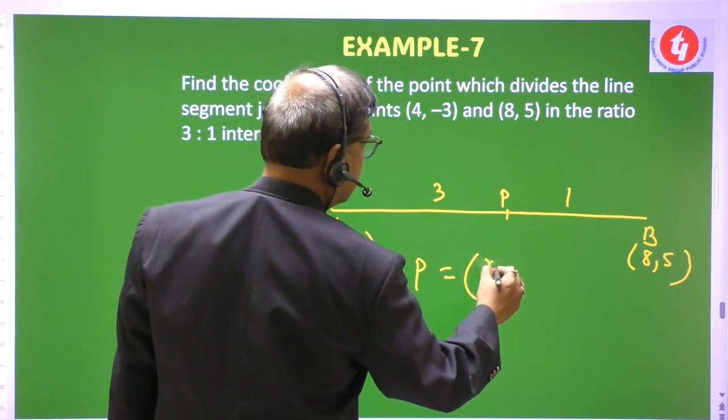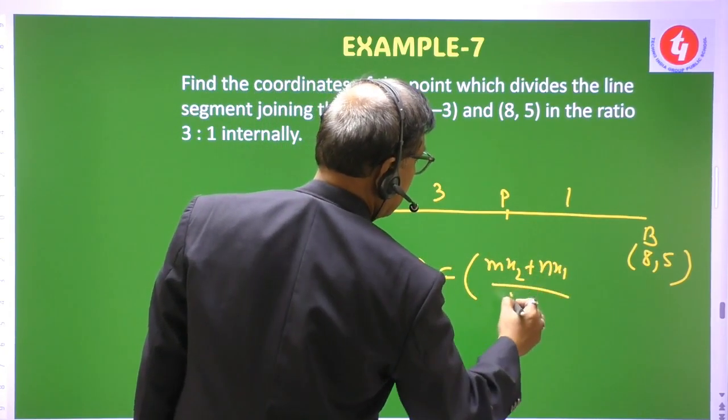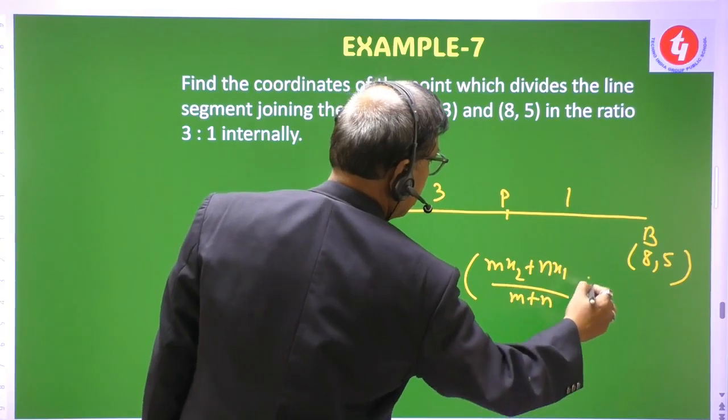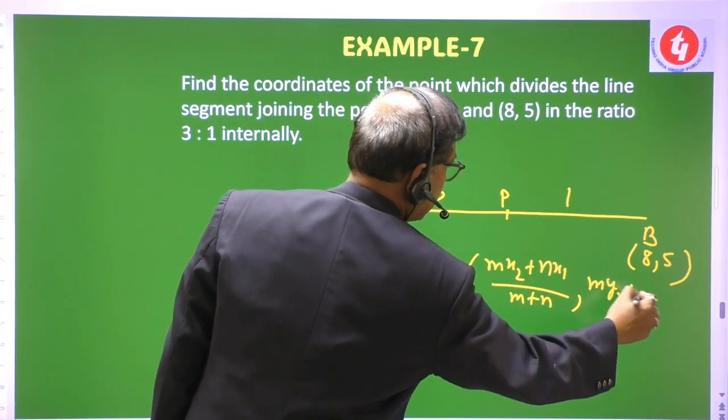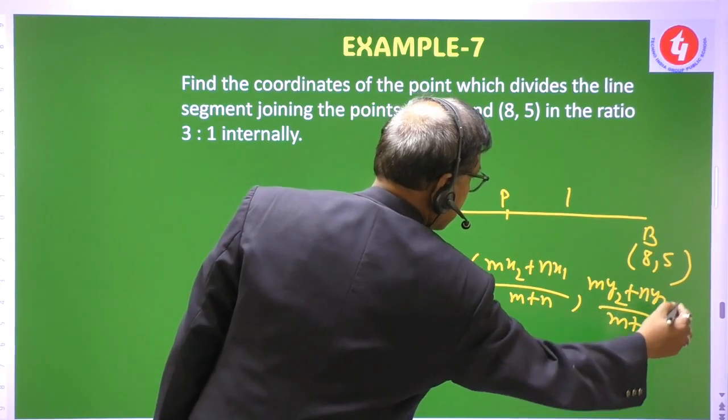So what will be the coordinates? Using the section formula, we are getting (m x2 plus n x1) upon (m plus n), comma, (m y2 plus n y1) upon (m plus n). Is it clear?